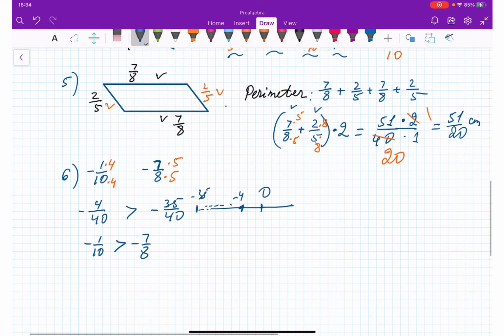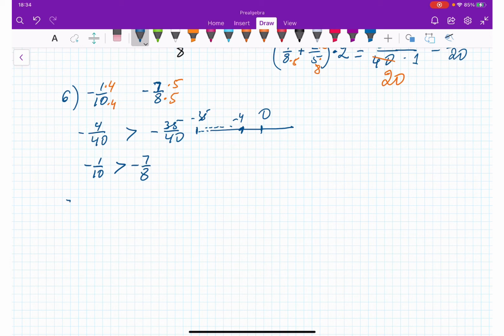Next one, number 7. Negative 2 over 9, question mark, negative 8 over 17. One thing you need to know: once we have a prime number, which is 17, you don't have another choice but multiplying 17 times 9. 9 times 7 is 63, carry 6. 9 times 1 is 9, and 6 is 15. 153.